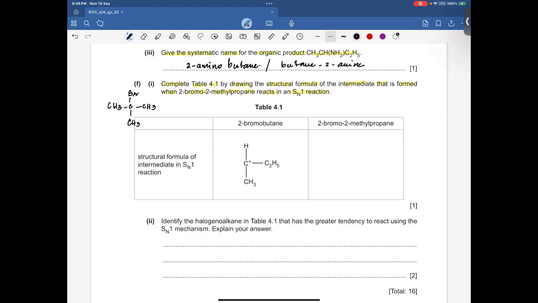So if I use the SN1 mechanism, obviously the SN1 mechanism takes place in 2 steps. So in the first step, I'll make the tertiary carbocation. So I'll remove this bromine in the form of bromide ion, and therefore I'll get this structure.